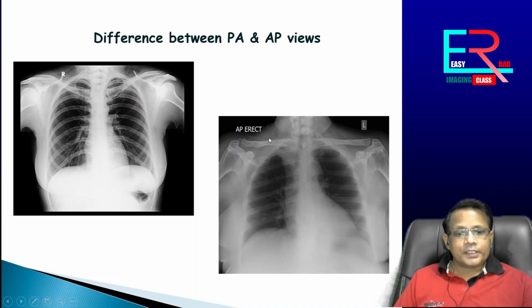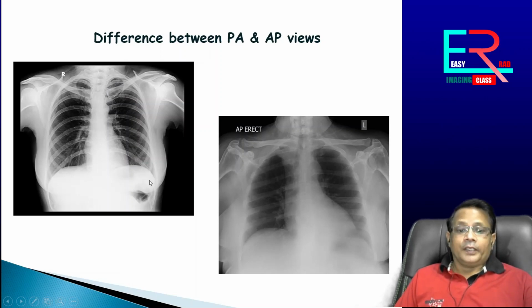Here, straightened clavicles and acutely angled ribs on both sides. Here, both scapulae are out of the lung fields. But in the AP view, you can see both bilateral scapulae are obscuring the lung fields.